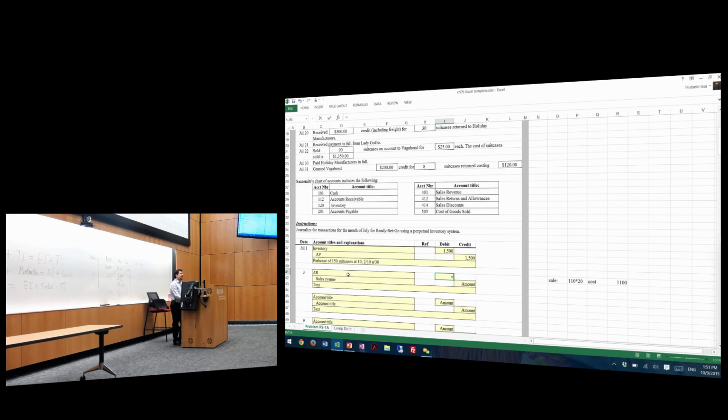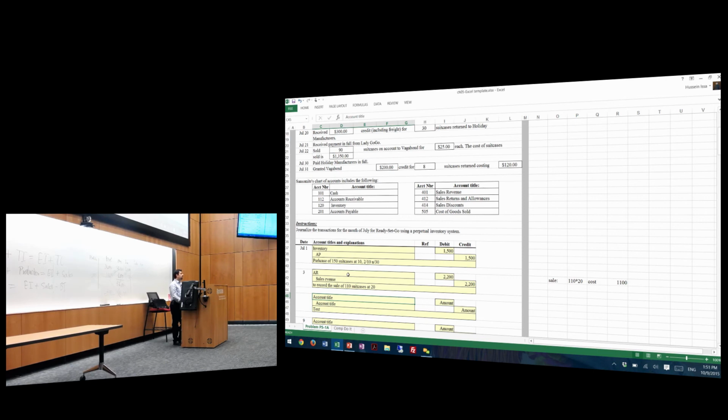We use the selling price. The selling price is how much? 110 multiplied by the selling price, which is 20. Right? So this is to record sale of 110 suitcases at $20 each. Next.